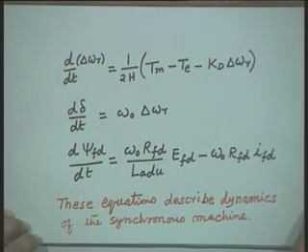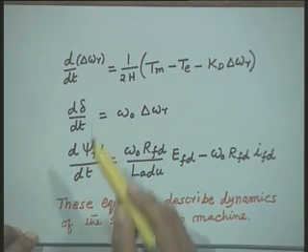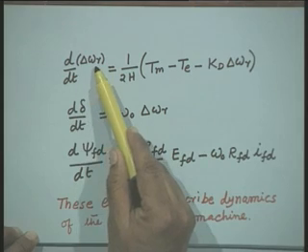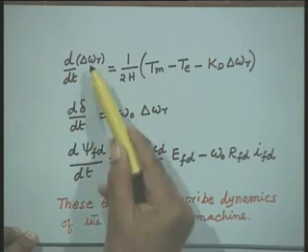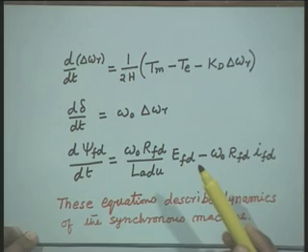Now, when we look at these equations, we can clearly see that the state variables are delta omega r, delta, and psi fd. These are the 3 state variables.